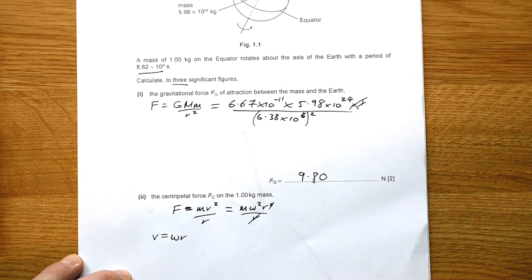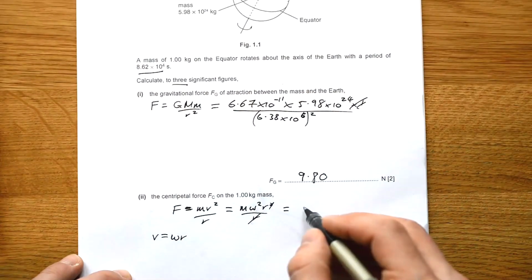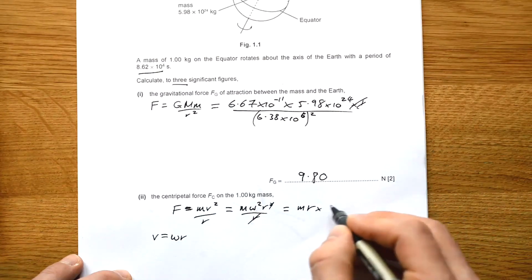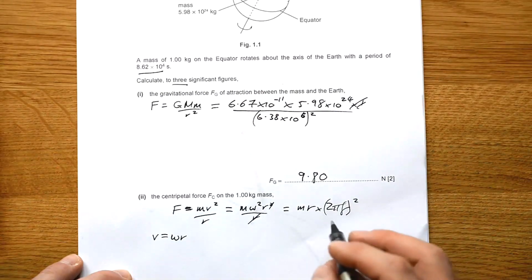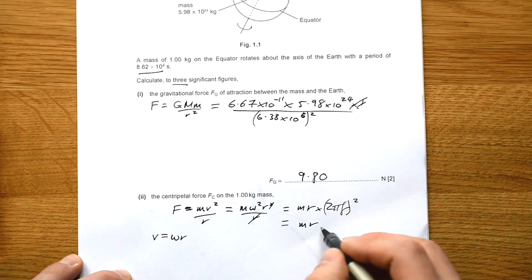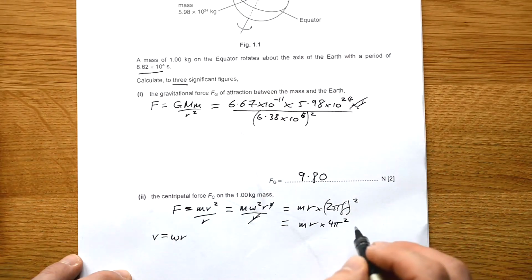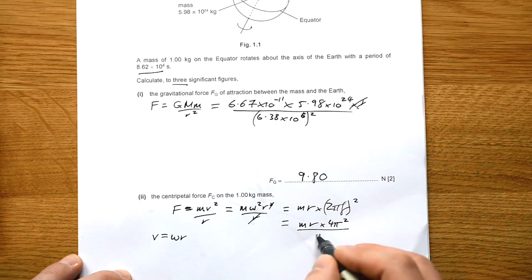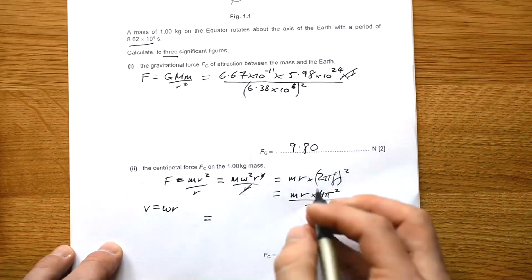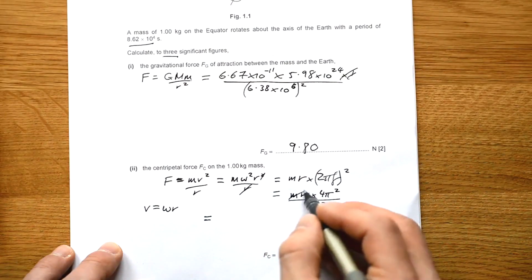So that gives us m omega squared r, and that is equal to m times r times 2 pi f all squared, but we have time period instead, so it's going to give us m r 4 pi squared. Just squared that. We're going to put time period on the bottom because, as we know, time period and frequency are reciprocals of each other. Okay, so that's going to be 1, we can forget about that.